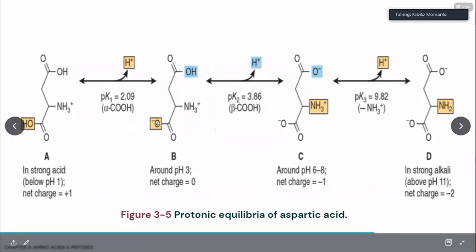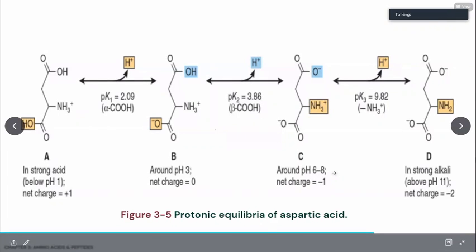And this one here is also negatively charged. But the amino group is still positive. So two negatives and one positive becomes a net charge of negative 1.